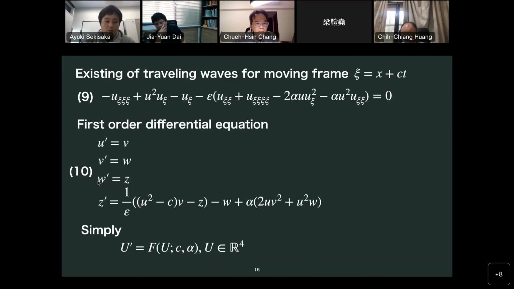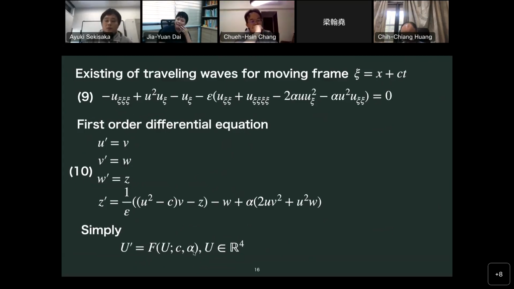Equation 10 is the existence problem of traveling waves, corresponding to a vector field on four-dimensional Euclidean space, simply expressed like this. This vector field depends on the parameters c, the speed, and alpha.